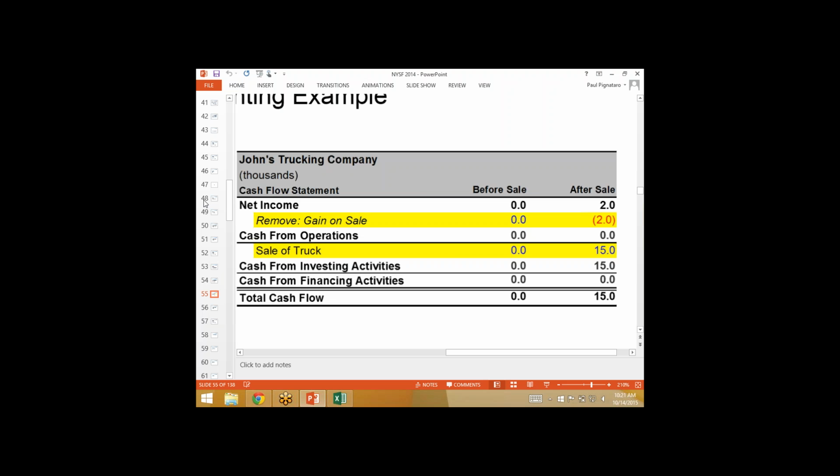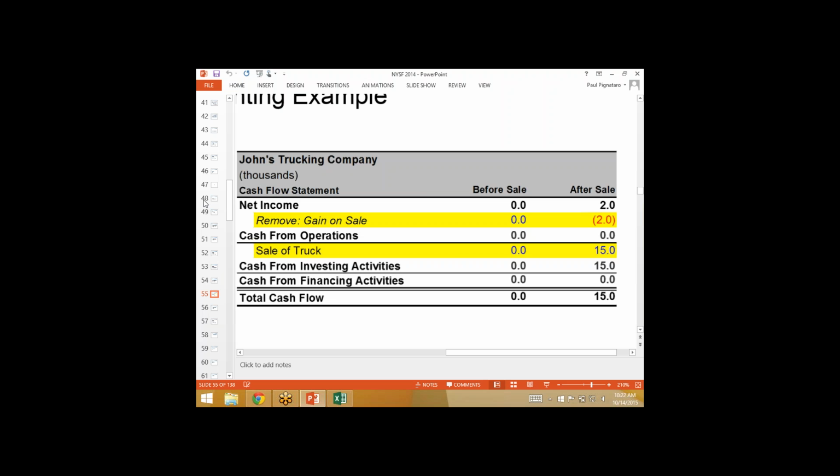Now, what about the balance of the truck? The value of PP&E needs to be adjusted by only $13,000, the core value of the truck, not $15,000. So we need to adjust our PP&E by the $15,000 after the gain on sale, the sum of the 2. A lot of people get confused by that.